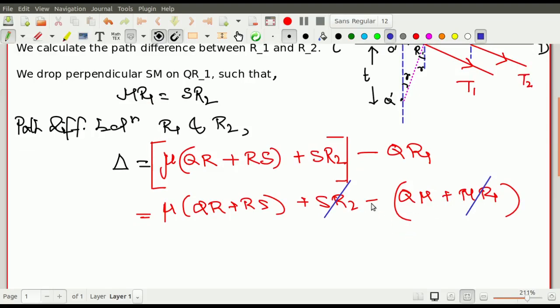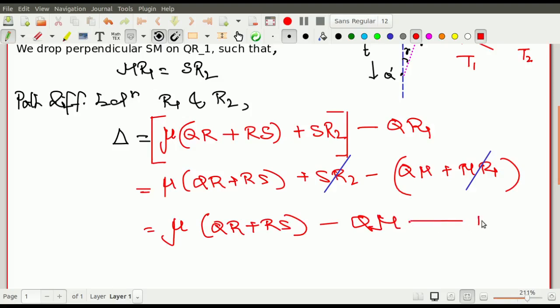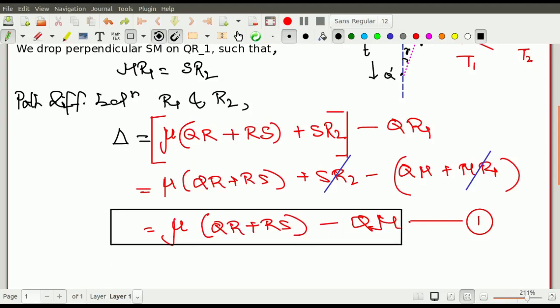So this reduces to mu of QR plus RS, minus QM. Suppose this is equation number 1. This path difference I have to reduce properly to an acceptable equation. This one is my delta.